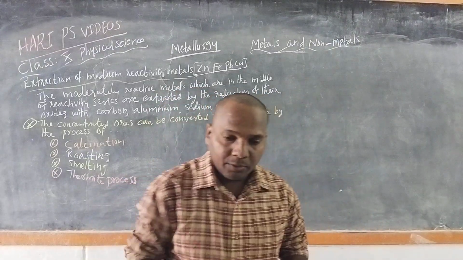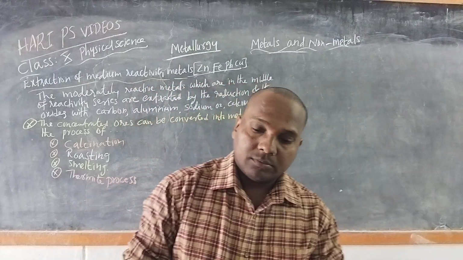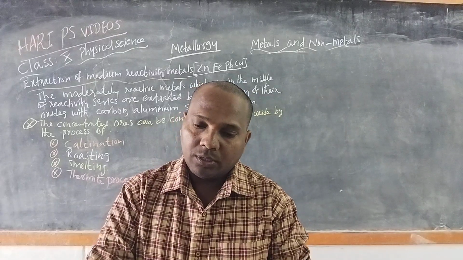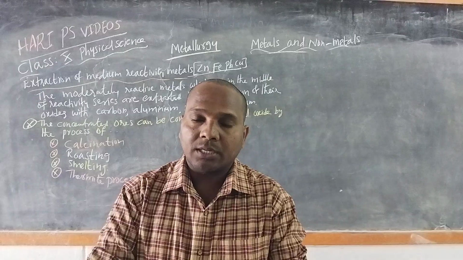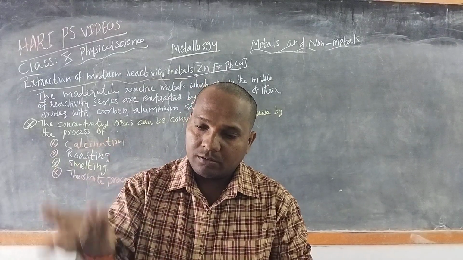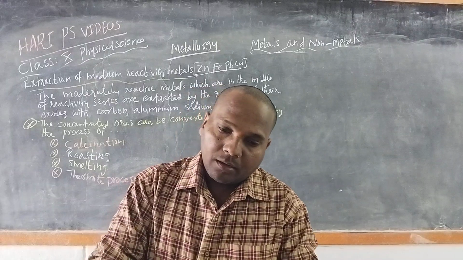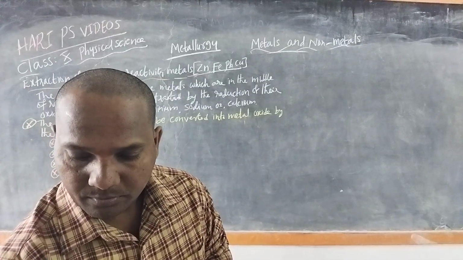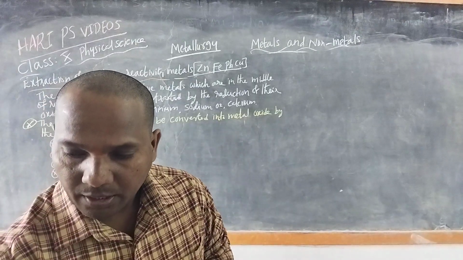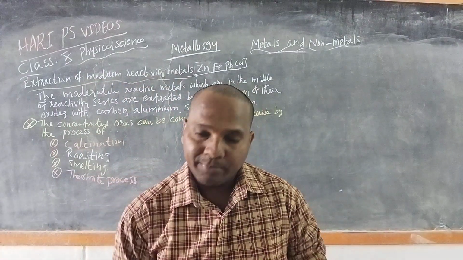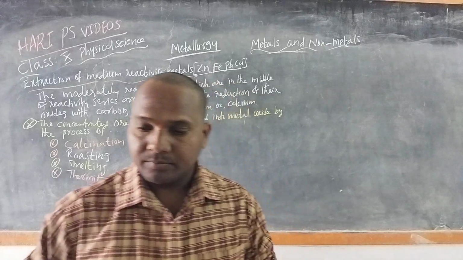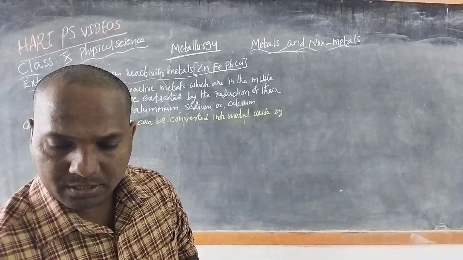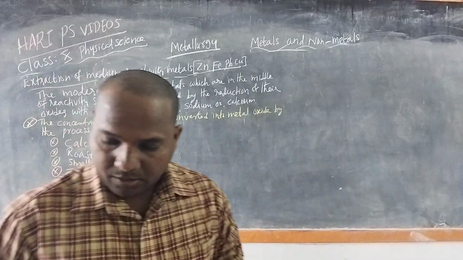As we already discussed in the flow chart, for the extraction of medium reactive metals there are four methods: reduction of metal oxides with carbon, self reduction, and reduction of oxides with carbon monoxide, that is chemical reduction, auto reduction, displacement method and electrolytic method. So let's understand them one by one.